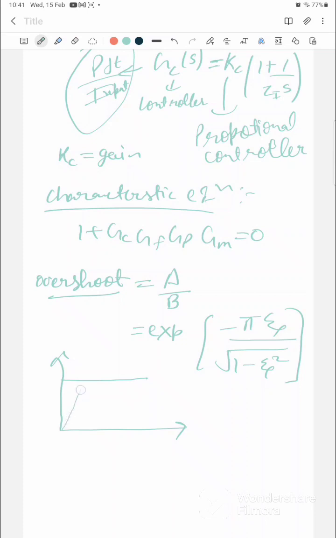Okay guys, so this is a and this is b. This is for second order only.